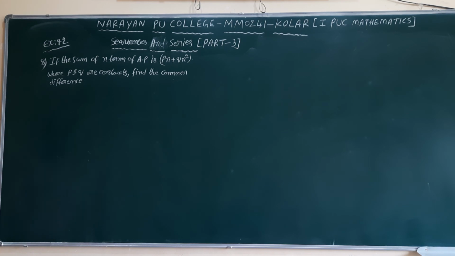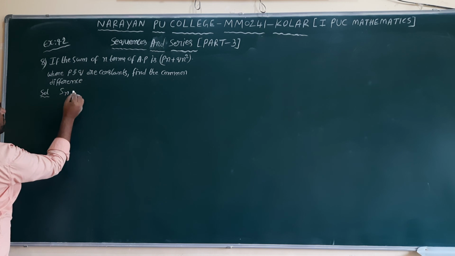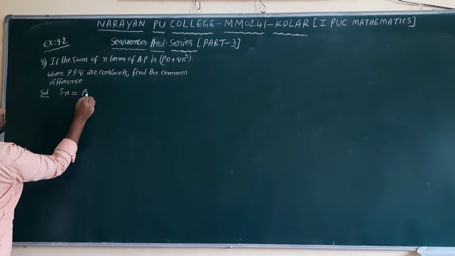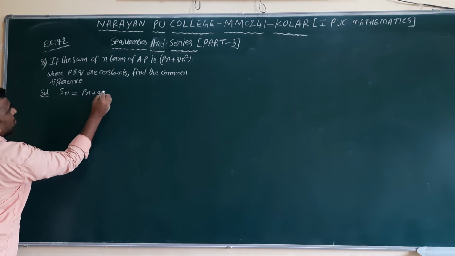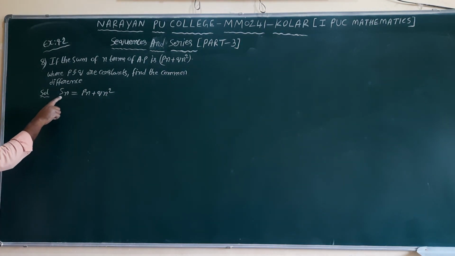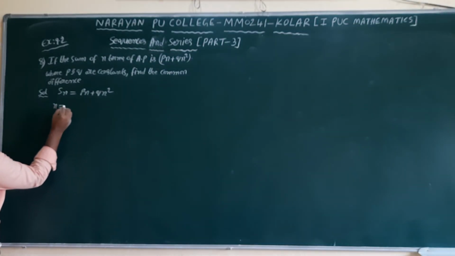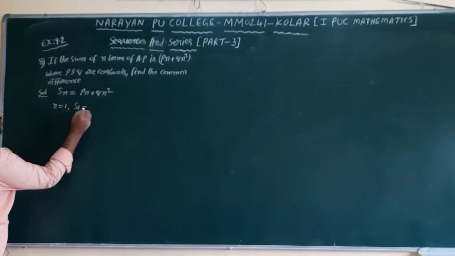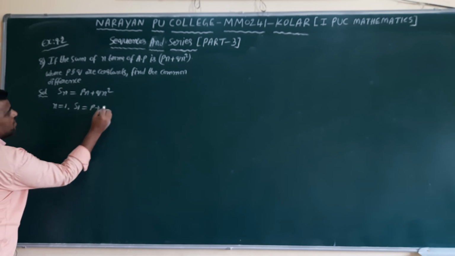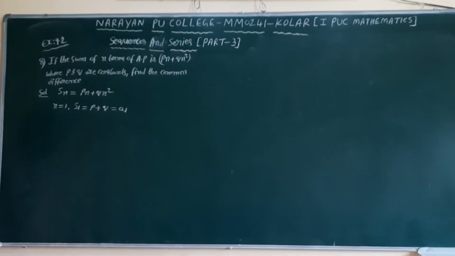To get the D, the first two terms are required. So they have given Sn equal to the sum of n terms of AP. Sn equal to Pn plus Qn square is given. If n value is 1, sum of the first term, n equal to 1, S1 equal to P plus Q into 1 square, 1, that is A1, the first term.